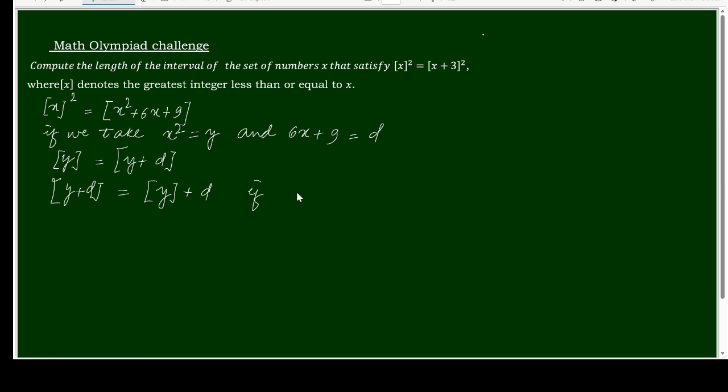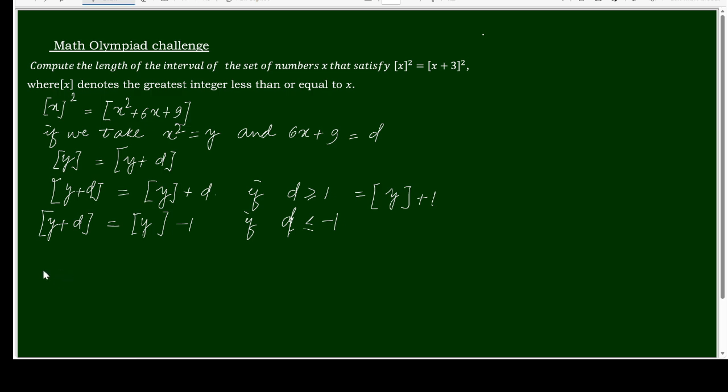If d is greater than or equal to 1, then y + d is y plus 1, and if d is less than or equal to -1, then y + d is y minus 1. At this condition, this is y plus 1 and this is y minus 1.